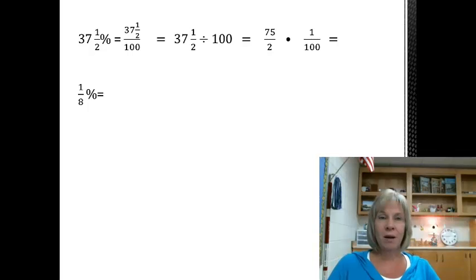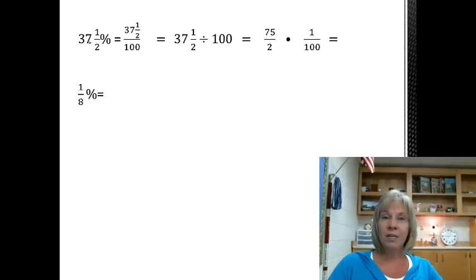Now let's talk about percent fractions, or fractional percents, you may say. Whenever we have a percent that has a fraction in it, this has a lot of steps. I wrote out all the steps for the first one so you could follow along very carefully this first time.